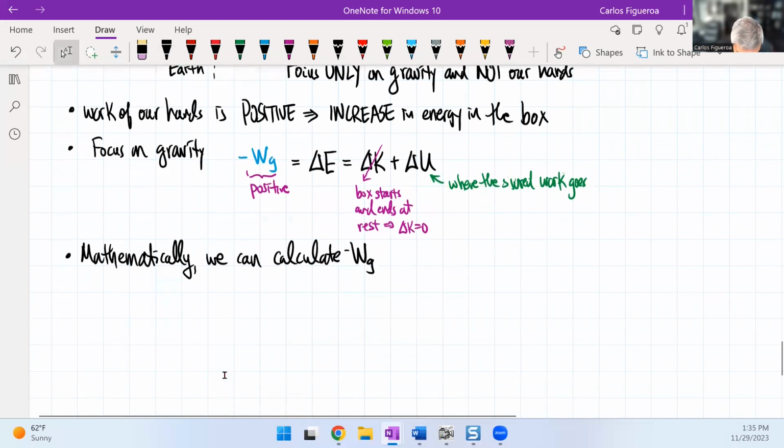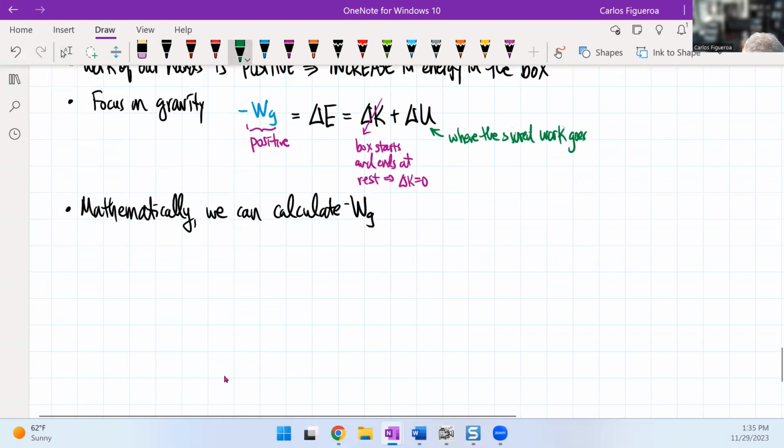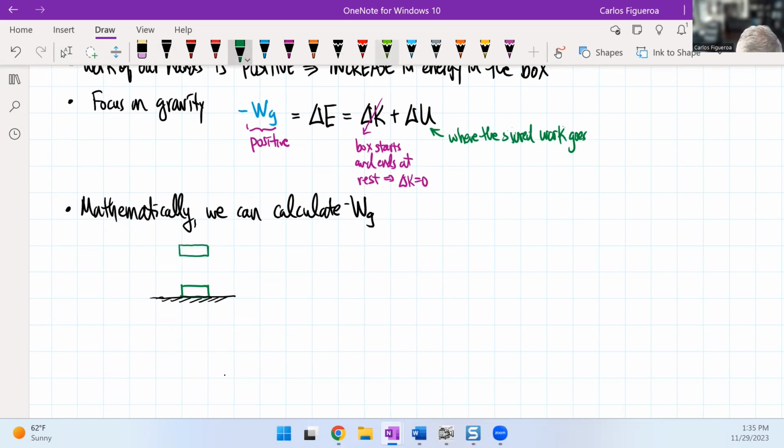Very similar to before, we have a box, and it's at rest relative to the ground. And then we lift the box up. As I'm looking at these two states, I'm lifting it from a height of y1 to a height of y2.